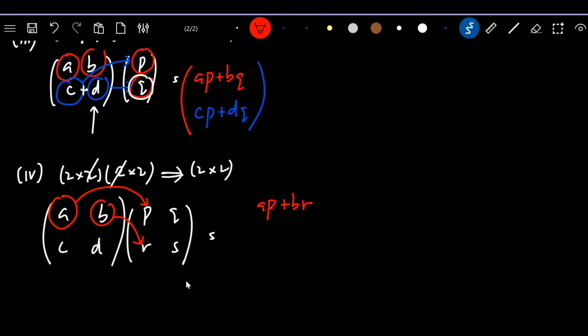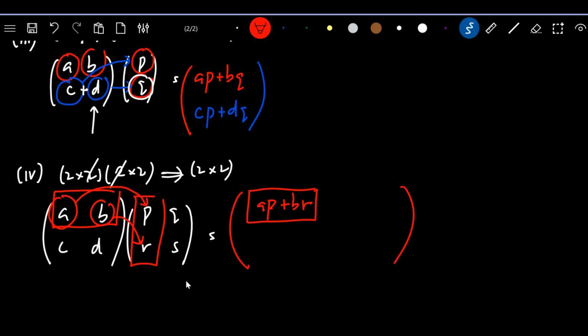Because this one is first row and first column, when they intersect, it is at the first position. Now we move on to the second one, which is A times Q and then B times S, so it will be AQ plus BS.